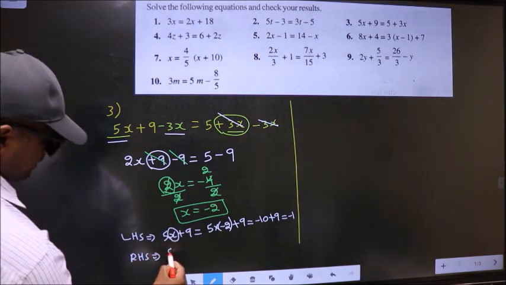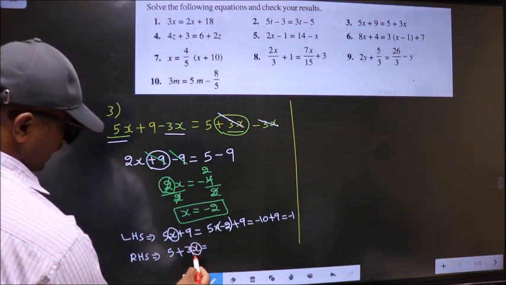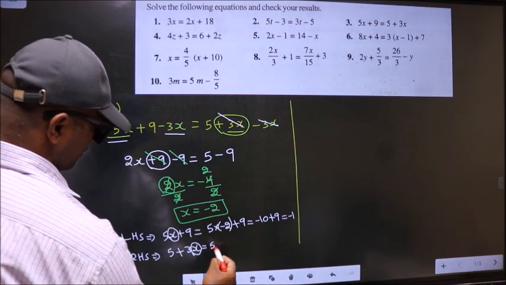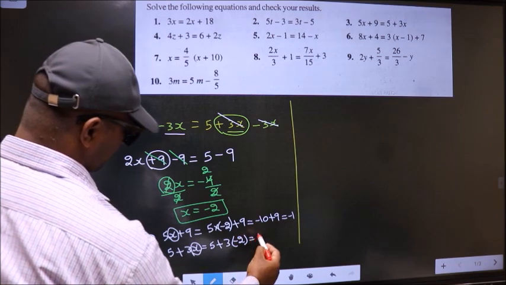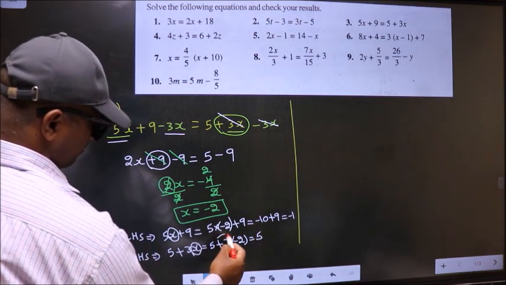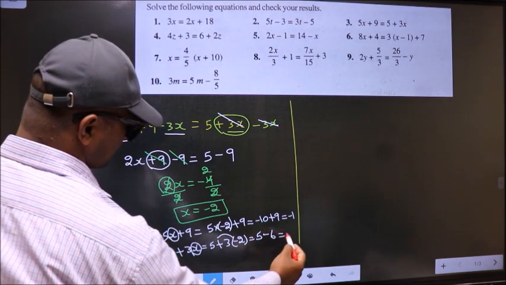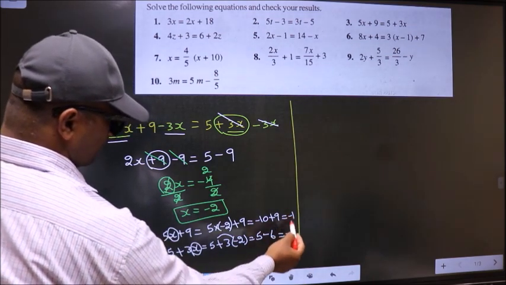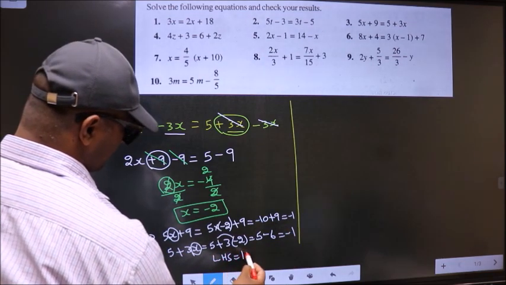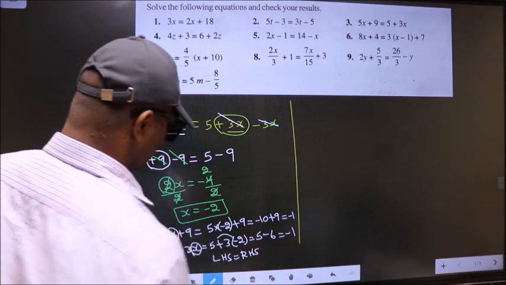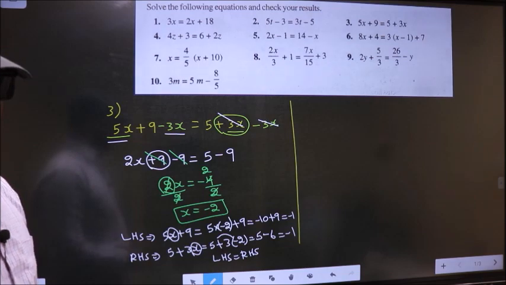RHS is 5 plus 3x equal to, in place of x, we should write minus 2. So 5 plus 3 into minus 2. So that is 5 plus, into minus, minus 3 into 2, 6. So 5 minus 6 is minus 1. We got these two same, that is LHS equal to RHS. We got equal, so our answer is correct.